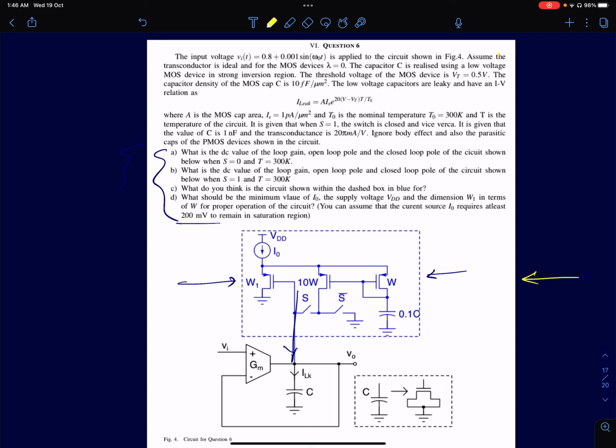Once I introduce the leakage cancellation circuit, it will also act like a negative resistance, even in this approach, and it will cancel out the positive resistance and push the low frequency pole to DC. So all those things will happen. So for part A and part B, I have just discussed how to solve them, and how to approach part C and part D of the question. Okay, thank you.